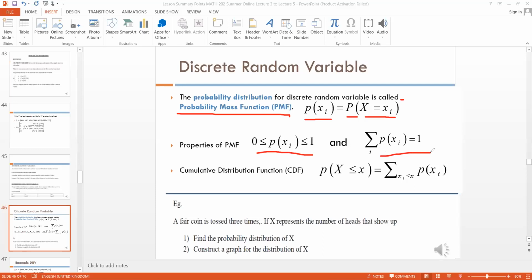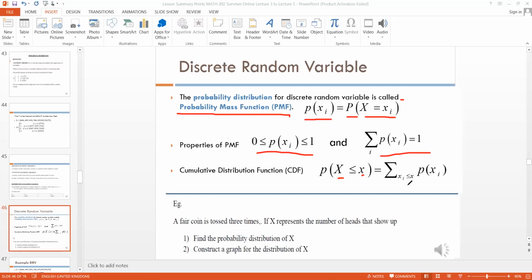And then the cumulative distribution function, which is the CDF, is written as the probability of the random variable being less than or equal to a particular value. Less than or equal to means all previous values up to the point.